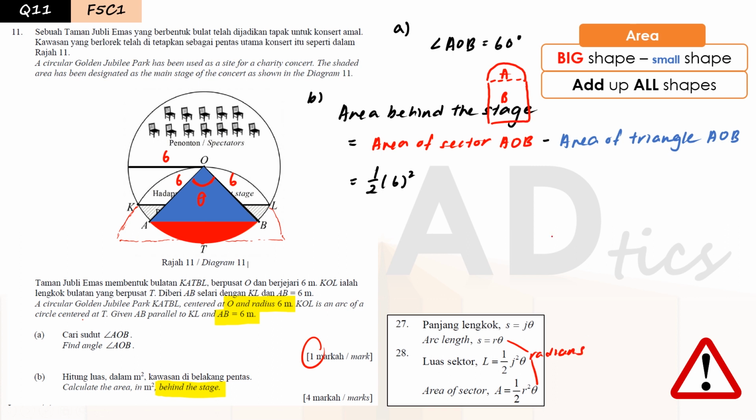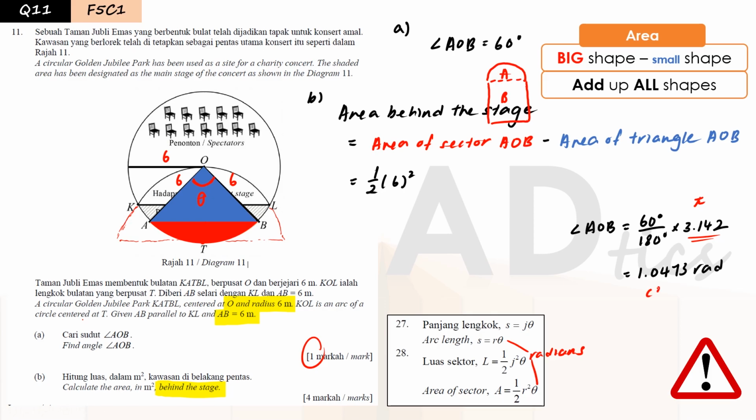Alright, so no choice. This degree, we need to change it into radians. Okay, so to do so, we can just do 60 divided by 180 and multiply by 3.142, which is the value of pi. But please do not use pi in your calculator, please use 3.142. Okay, so once you do, you will have this answer, 1.0473.